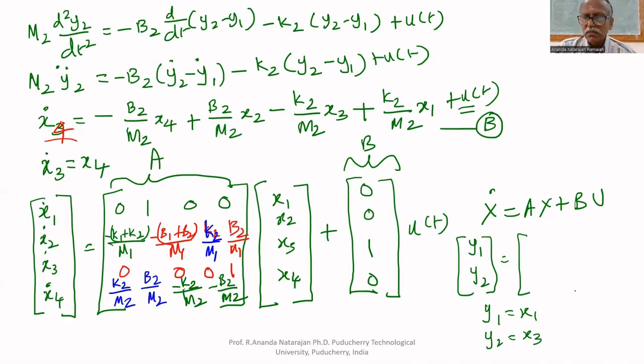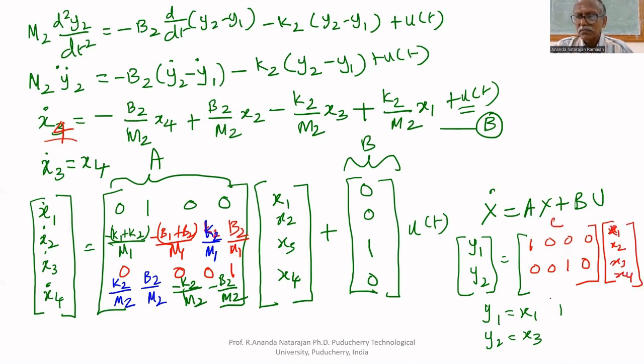Therefore, we can write the first row as 1, 0, 0, 0, and the second row is x3, therefore 0, 0, 1, 0, times X1, X2, X3, X4.